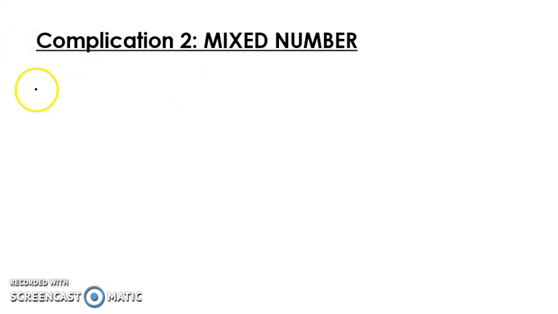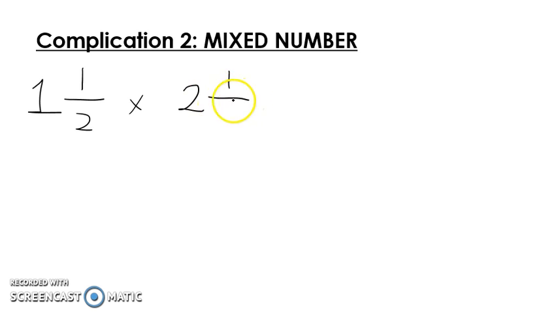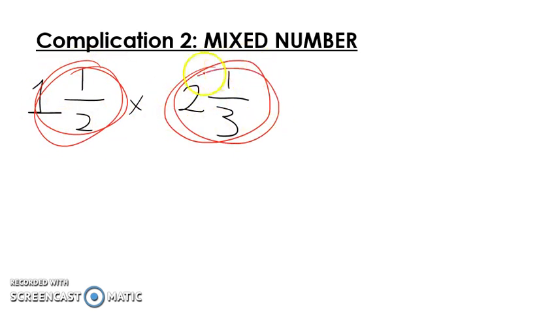So we don't have a clear top, don't have a clear bottom. 1 1/2 times by 2 and a third. Now, we can't leave 1 and 2 out because they are treated as 2 whole fractions. So how do we do that?